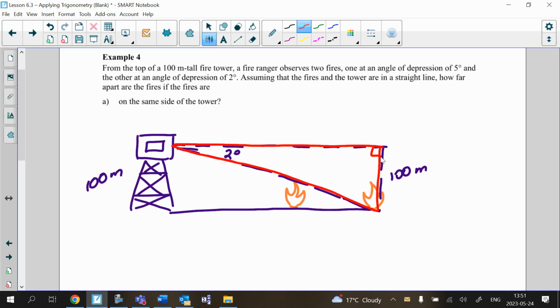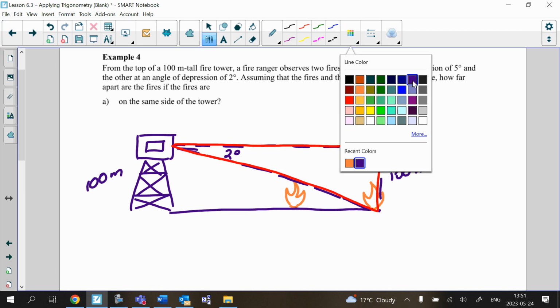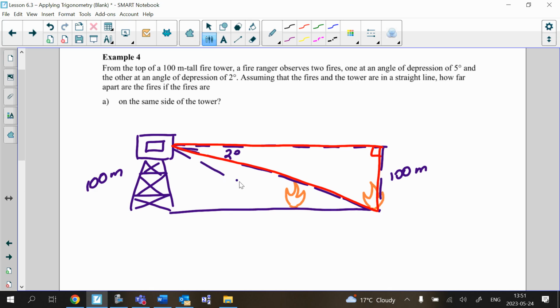Now I draw a similar right triangle. I'll just use a different color. So green, from the tower, there's a new angle of depression from the horizontal, and when I'm looking down at the closer fire, that's 5 degrees.